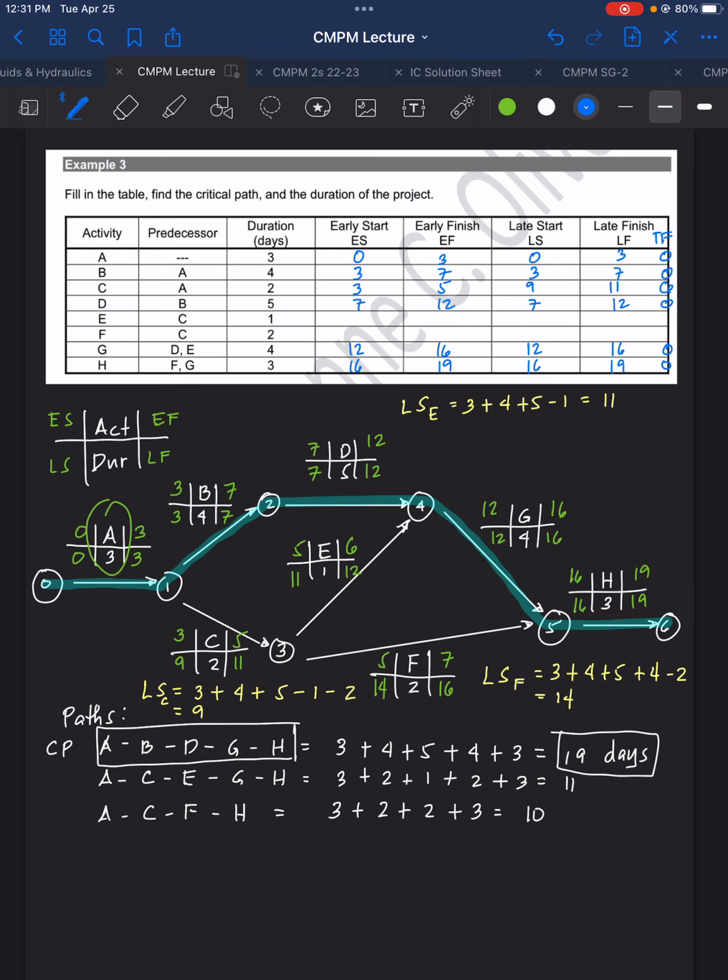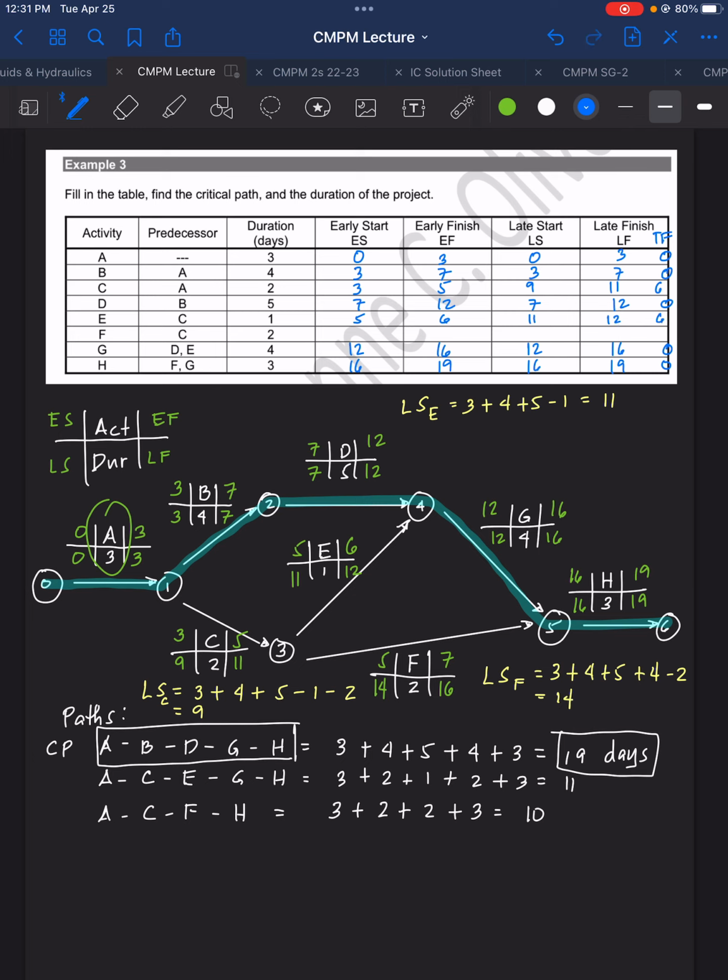Therefore, the float here is 6. Next, for activity E, we have 5, 6, 11, and 12. For the float, 11 minus 5 is 6, and 12 minus 6 is again 6. So total float there is 6.